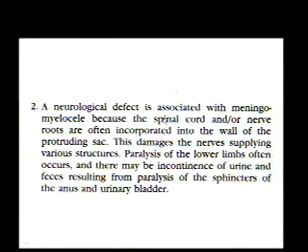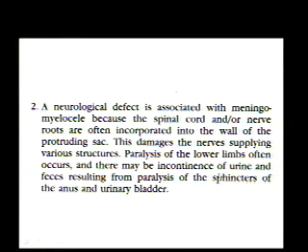A neurological defect is associated with meningomyelocele because the spinal cord and/or nerve roots are often incorporated into the wall of the protruding sac. This damages the nerves supplying the various structures, so there's actual physical damage to the nerves. Paralysis of the lower limbs often occurs, and there may be incontinence because this typically occurs in the lower spinal cord.